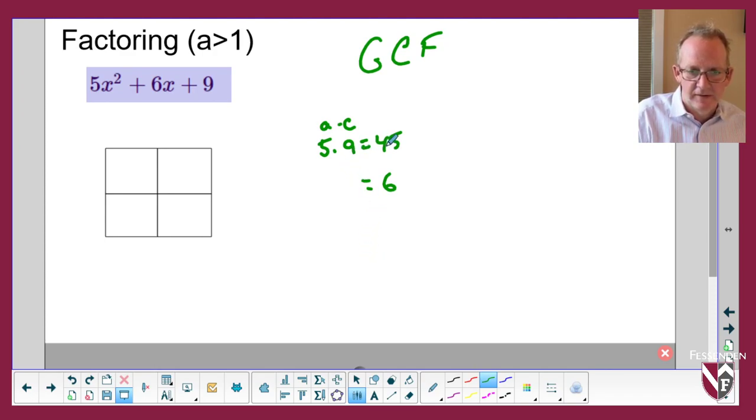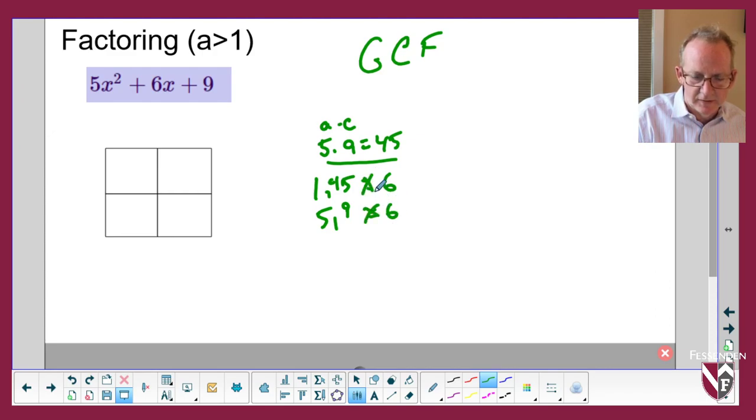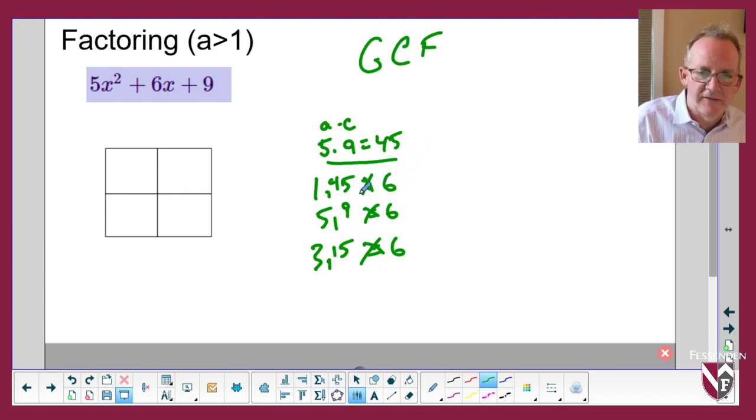We'll just try 1 and 45. That certainly doesn't add to 6. 5 and 9, does that add to 6? Nope. 3 and 15, how could that add to 6? Nope. I think we've exhausted all the factors of 45, and they certainly can't add to 6.